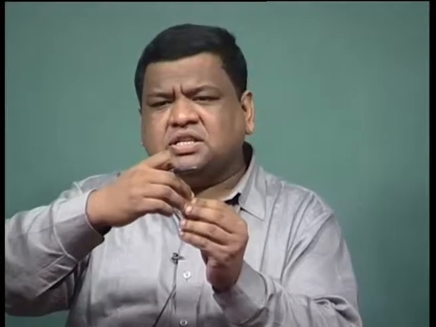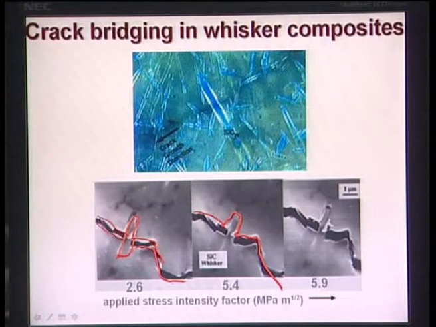Pulling means the whiskers are broken and pulled out of the ceramic matrix, and that leads to the toughness of these materials. So I think I'll stop here, and in the next one we'll start with other important topics of biomaterials.